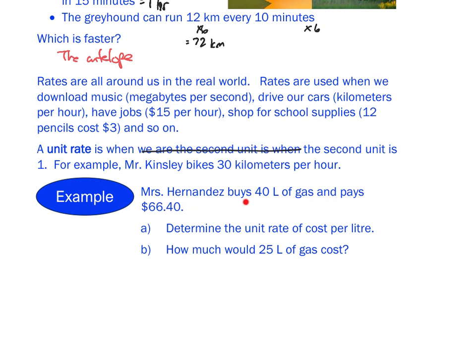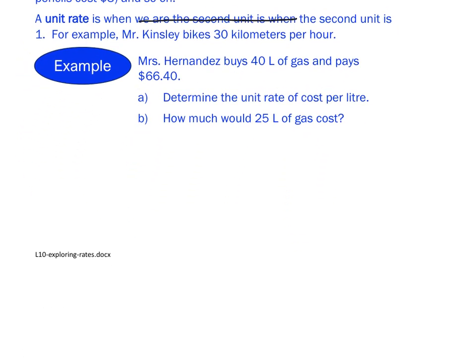Mrs. Hernandez buys 40 liters of gas and she pays $66.40. Determine the unit rate of cost per liter. So we're going to take the cost, which is $66.40, and divide it by how much she bought. How much did she buy? 40 liters.